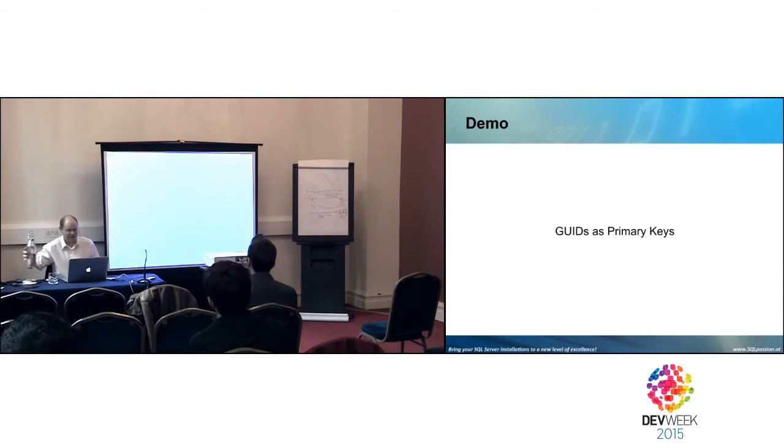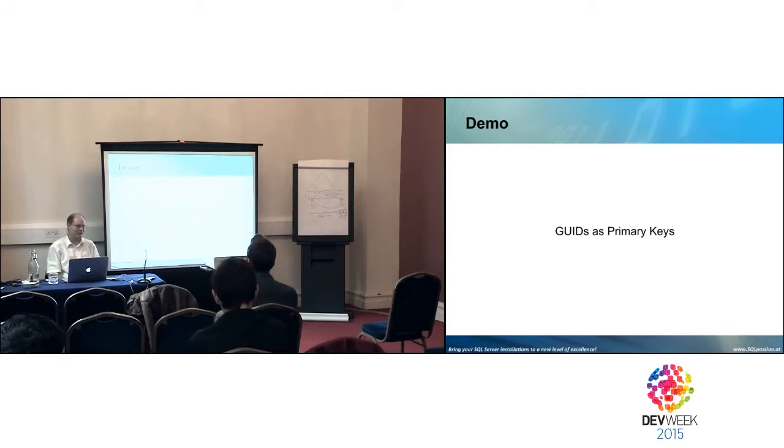So the question is now, what can we do? As we have seen, we have a huge amount of problems, and of course we want to solve those problems somehow. Of course, when we start from scratch, it's easy.